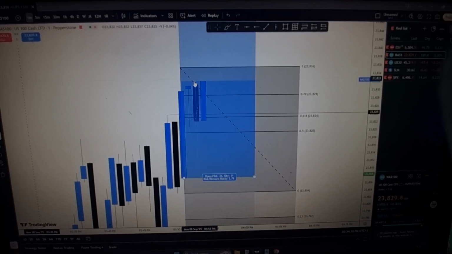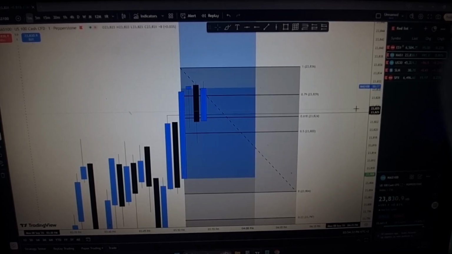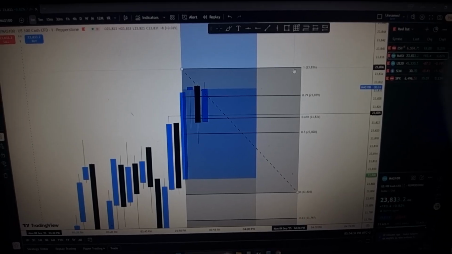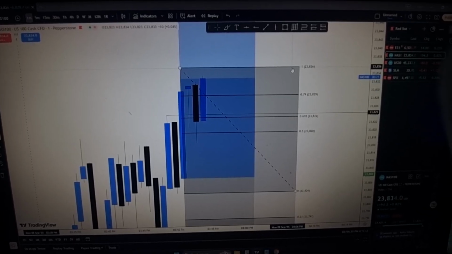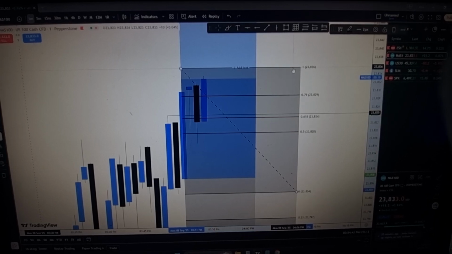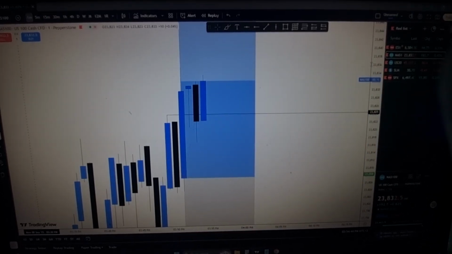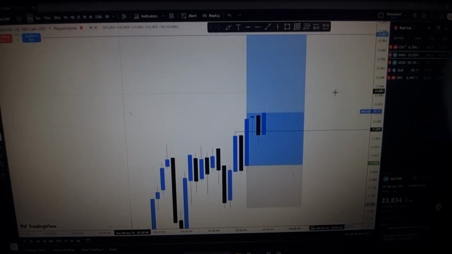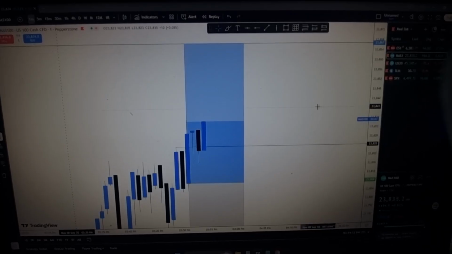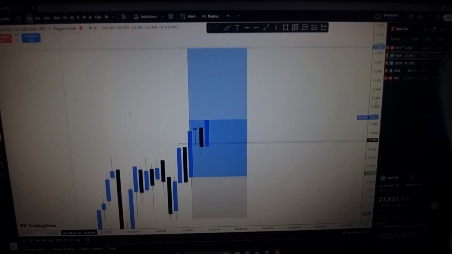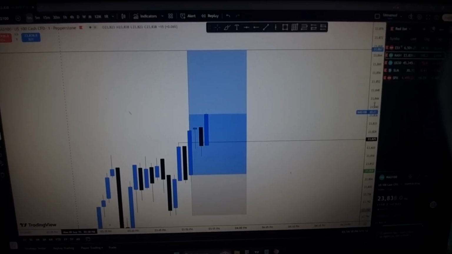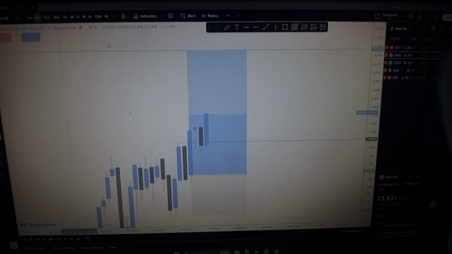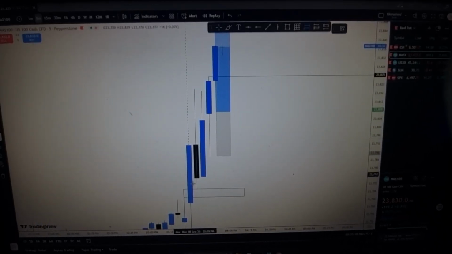And then if we close above this high, it's a break of structure again to the upside, so confirming that's gonna be where we're gonna go. Damn, bro. Okay, so we did get a break above 79 on the 5 minute as well.